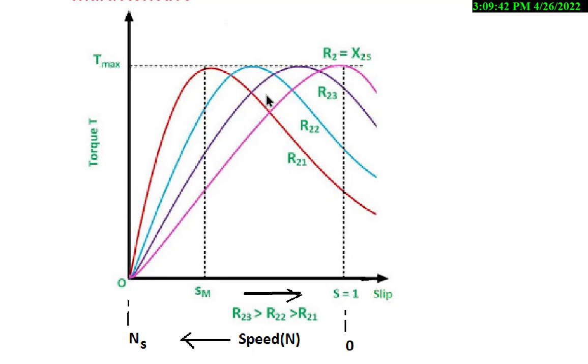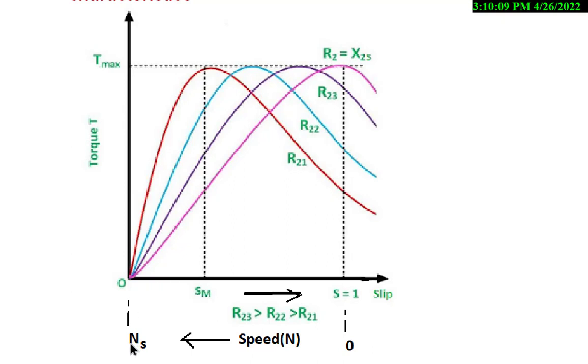Whereas for other resistors, suppose R21 is taken like this red line. The characteristic slowly increases like this, that is, as the load increases, torque increases, and also speed decreases from here.